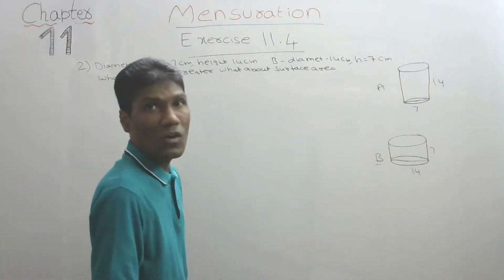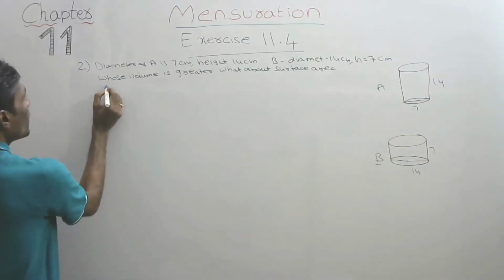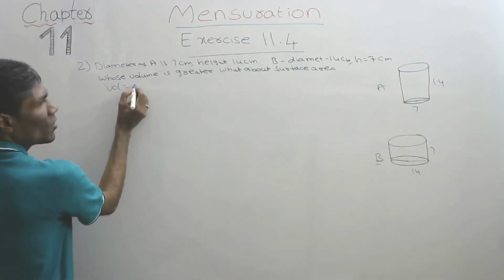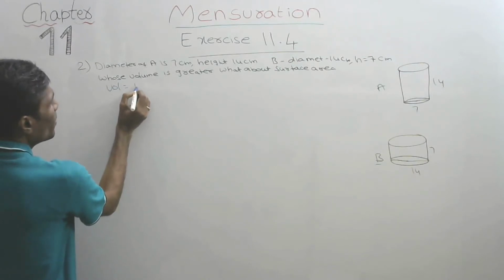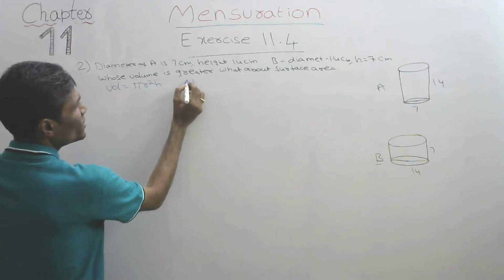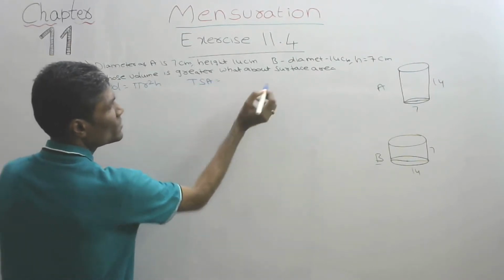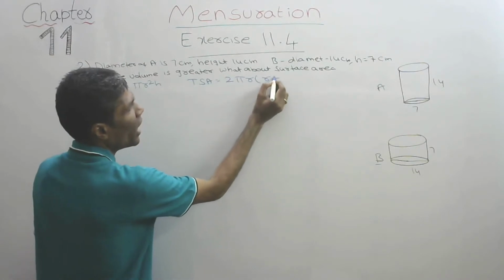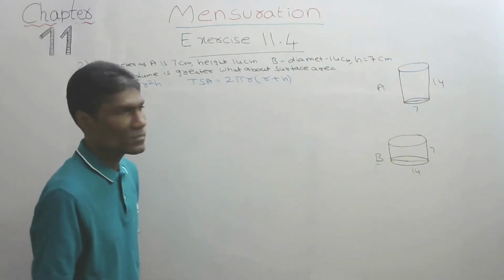First we will find the volume. Formula of volume is pi r square h, and surface area formula is 2 pi r into (r plus h).